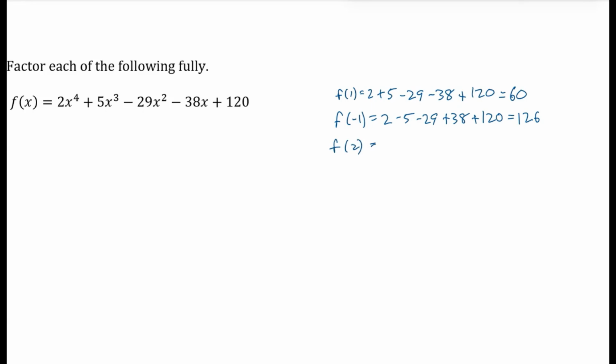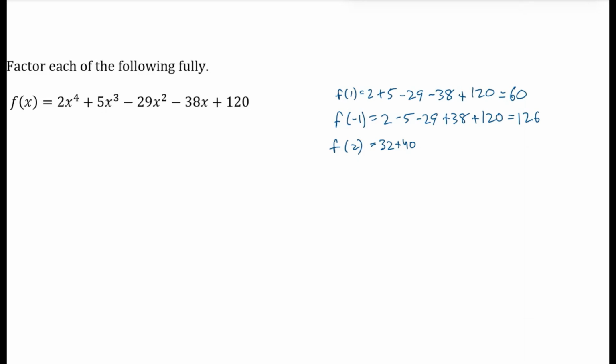This one's a little bit harder. I'm not sure I would recommend doing it in your head. 2 to the 4 is 16 times 2 is 32. 2 to the 3 is 8 times 5 is 40 plus 40. Two squared is 4 times negative 29.